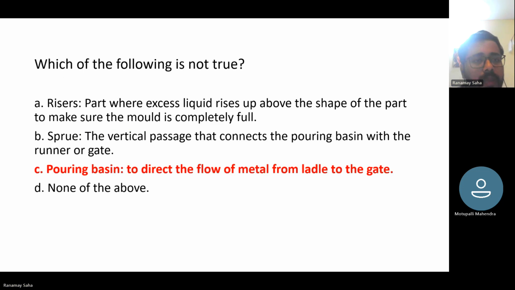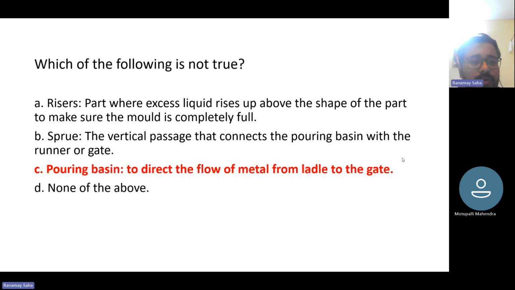Then, which of the following is not true? You have risers. If you know the use of risers, they are there to make sure the mold is always completely full. Then you have the sprue through which the molten metal flows, and it connects the pouring basin and the runner or gates.